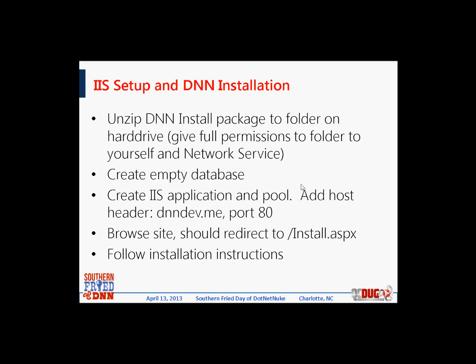The other reason is that the new template that Chris Hammond put out there is by default configured to expect the URL of dnndev.me and port 80 as your default project URL, and it's easier to just set that up. Basically, after you create your IIS application and pool, you just add a host header to that application, which is dnndev.me port 80, and when you install the template, everything's going to work right out of the box.